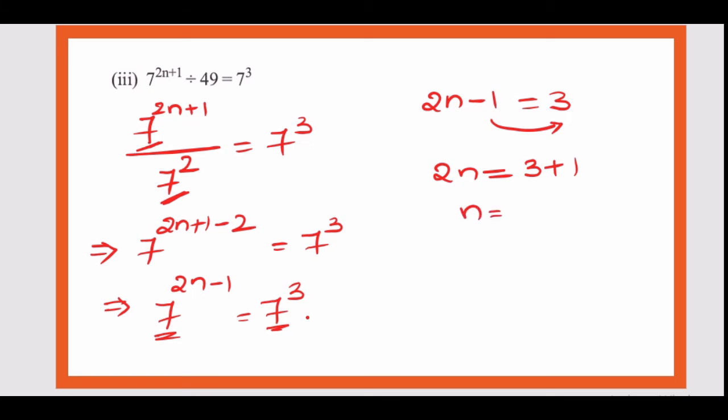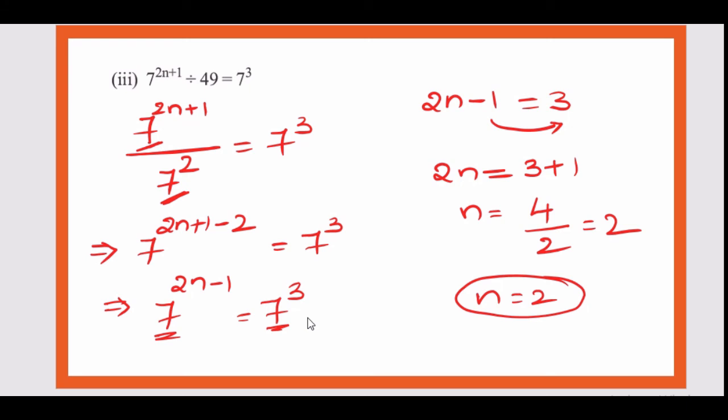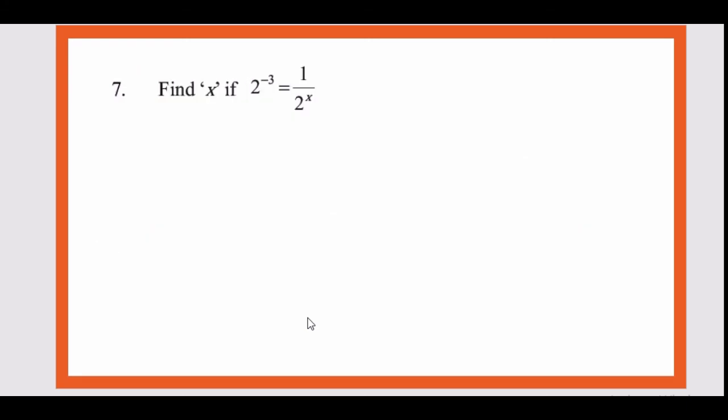So from this, n is equal to 3 plus 1 is nothing but 4 divided by 2. So 4 divided by 2 is nothing but 2. So the value of n is 2 here.